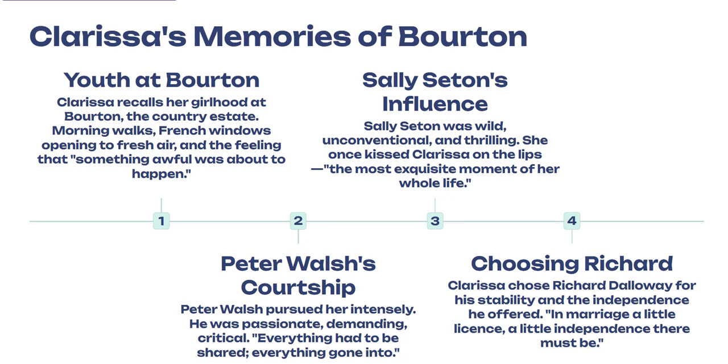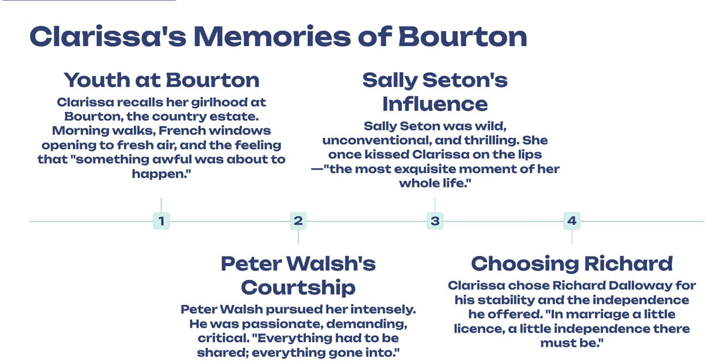So she left a man who came from India. His name is Peter Walsh. She left Peter Walsh only because Peter is very clingy and he is not allowing the girl to do anything, and he wants each and every moment of Clarissa's life to be shared with him. As given in the second point, everything had to be shared and gone into.